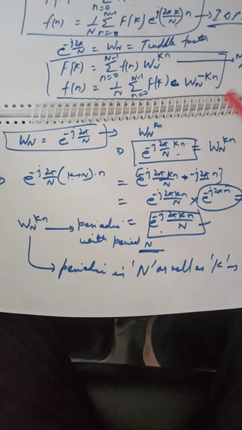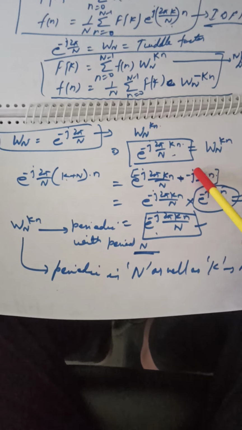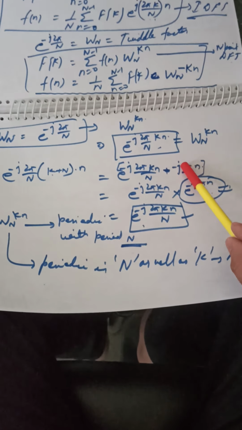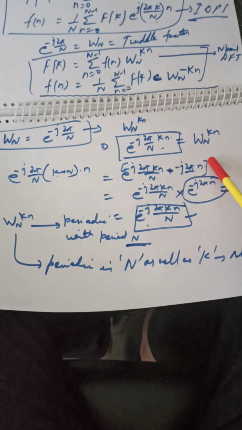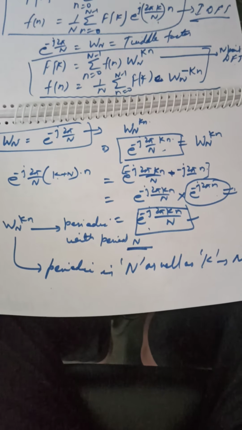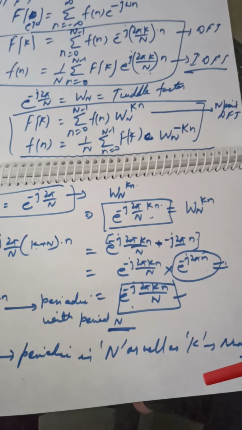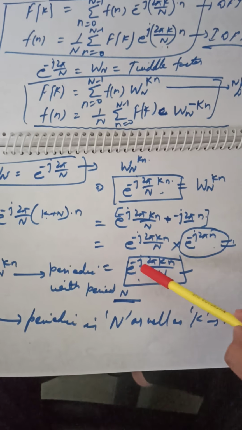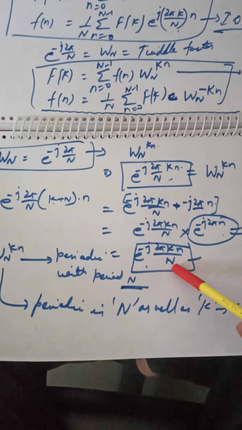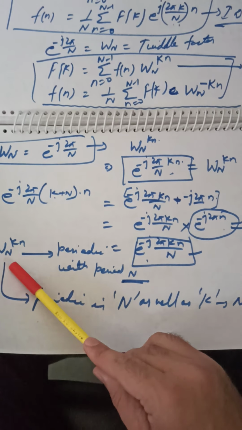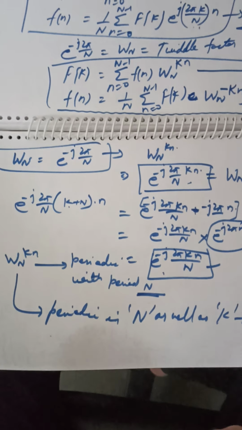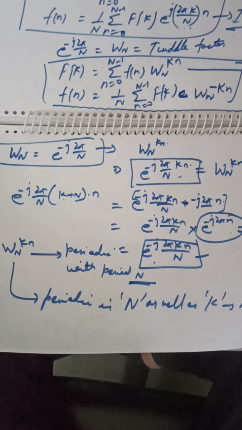This thing will be repetitive in nature. This term will give you 1 because it is an integral multiple of 2 pi, so it is for sure going to give us 1, and the other term will retain its identity. So we can see that the Twiddle factor is periodic in k as well as in n. It is periodic in both k and n.